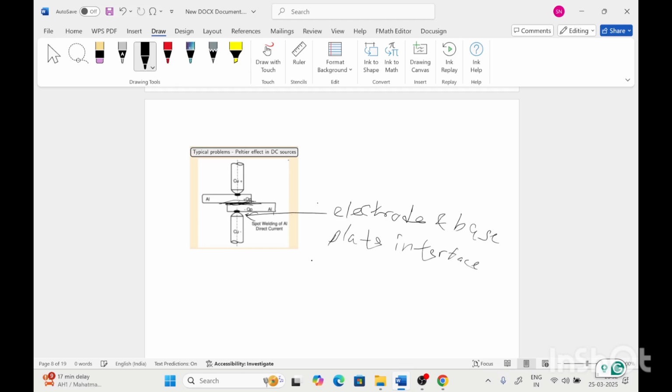So this is not desirable. And in aluminum also we have high conductivity. So at the interface, very less current is available to make the welding joint.